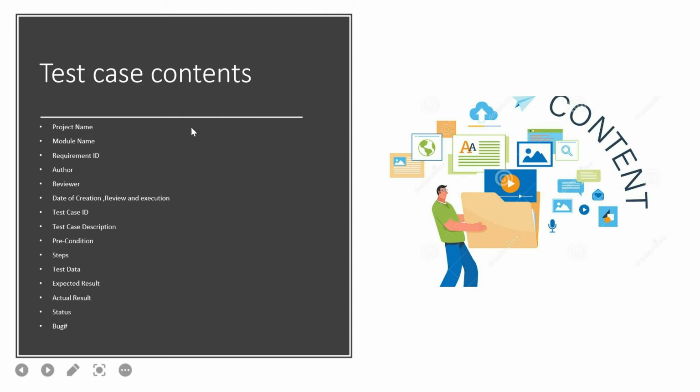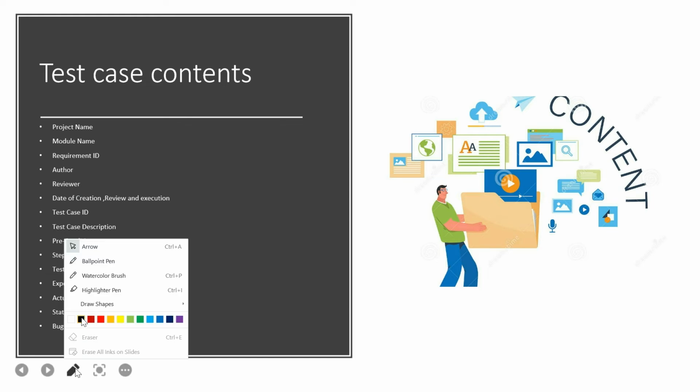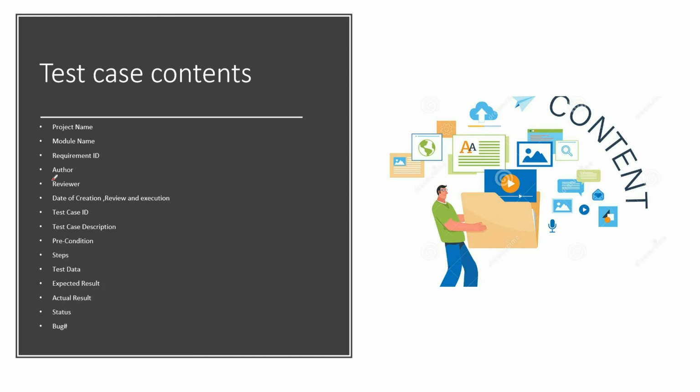And then you'll have your requirement ID, which requirement you're covering here, and who's going to be the author, and who's going to be the reviewer of your test case. Usually you should have a reviewer. A reviewer should always be there. And then date of creation, review and execution.